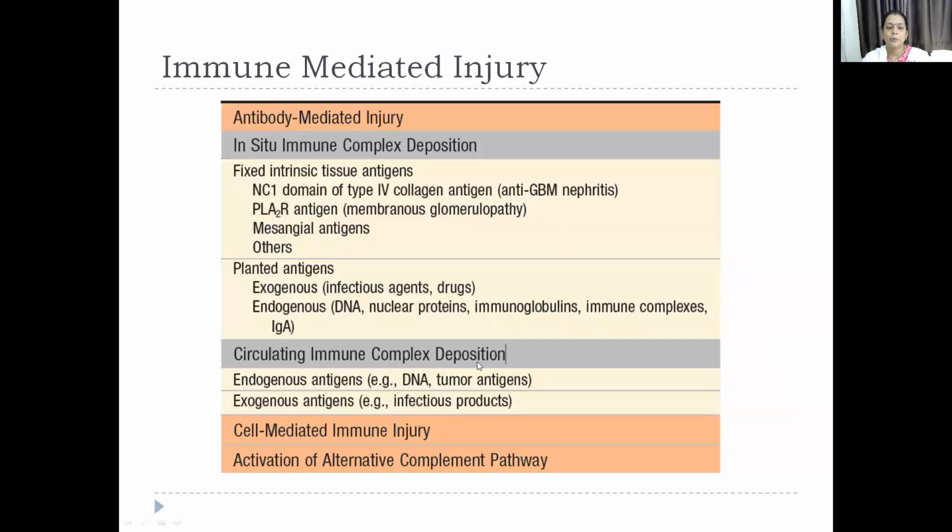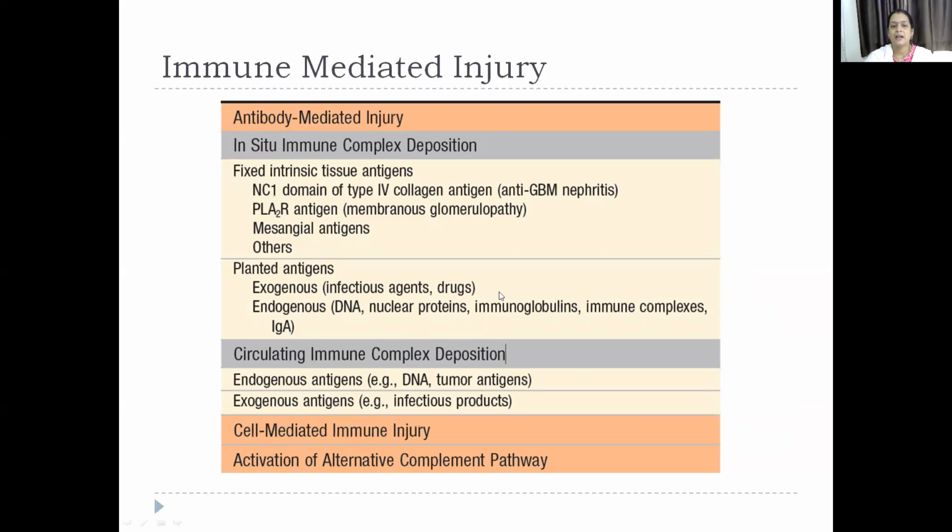In circulating immune complex deposition, the endogenous or exogenous antigens form the complex in the blood itself. They are circulating as antigen antibody complex, and then they come and sit in the kidney. Then there is cell-mediated injury and activation of the alternate complement pathway.